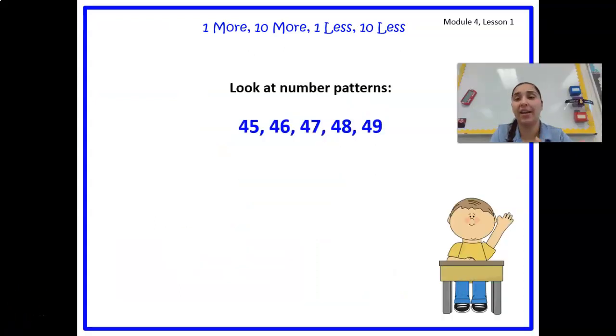How can we connect what we're learning, the 1 more, 10 more, 1 less, or 10 less? Well, let's look at the number patterns. 45, 46, 47, 48, 49. I want you to think, what's the pattern? Is it 1 more, 10 more, 1 less, or 10 less?